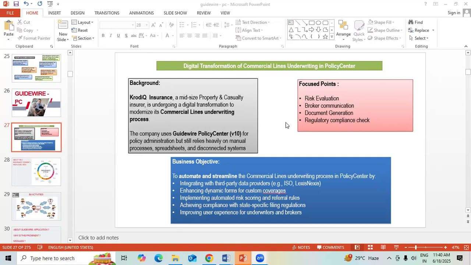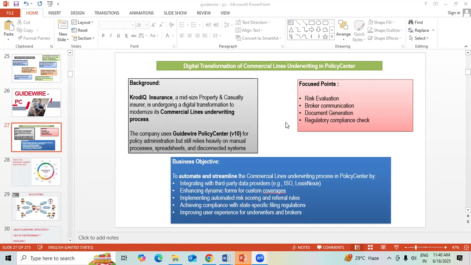That is point number one. Point number two, we must elaborate what the focused points are and what business objectives were identified by us and what we want to achieve. In regard to that, I'm just making a video.